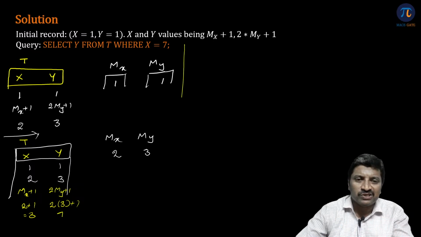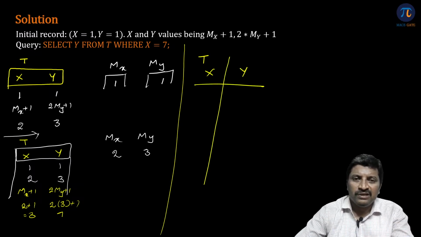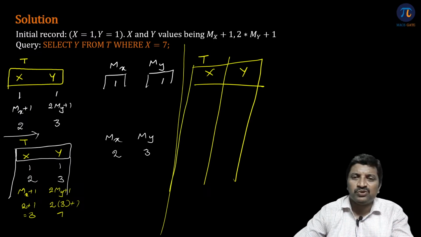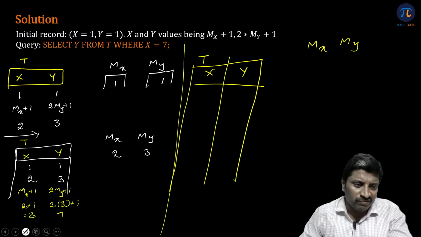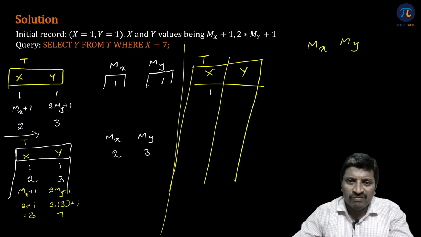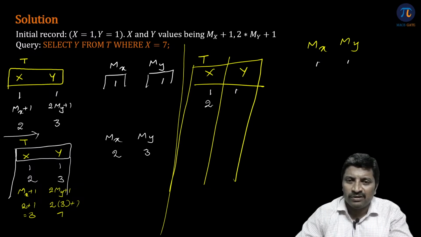Hope you understood the process. Now let me write the values directly. So it's only simple mathematics. Mx, My: the first value is 1, 1. Mx plus 1, 2. 2My plus 1, that is 3.